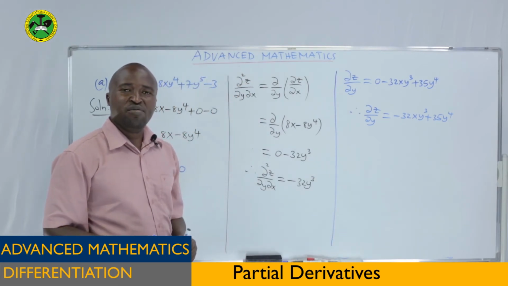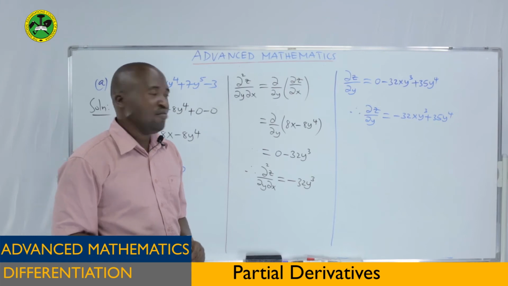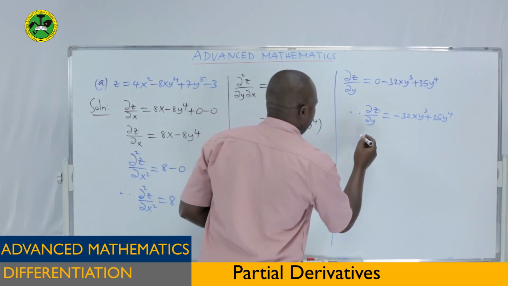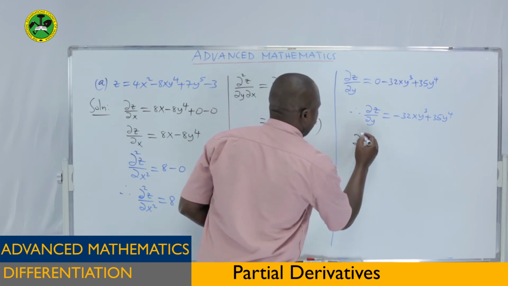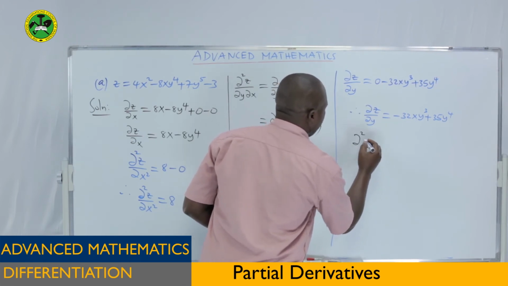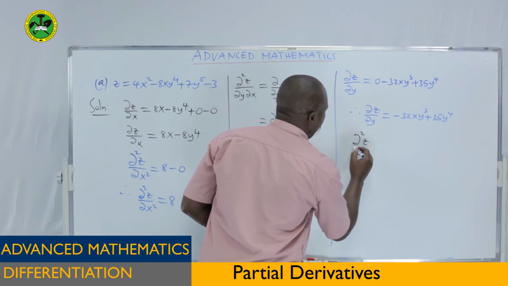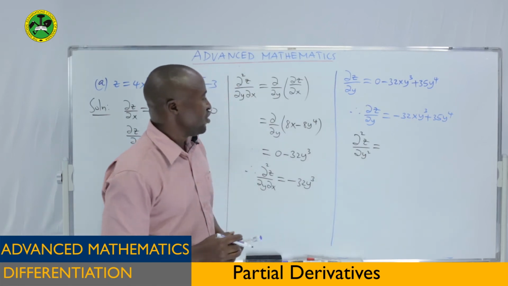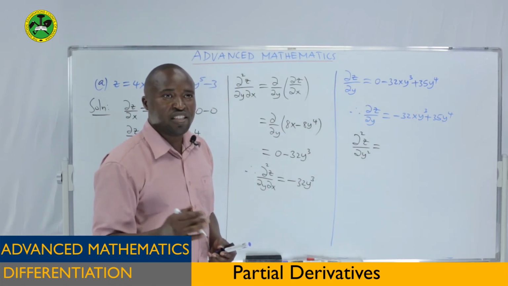Now we proceed with the second order partial derivative. That is the second order partial derivative of z with respect to y. This one is equal to, remember, x is constant.